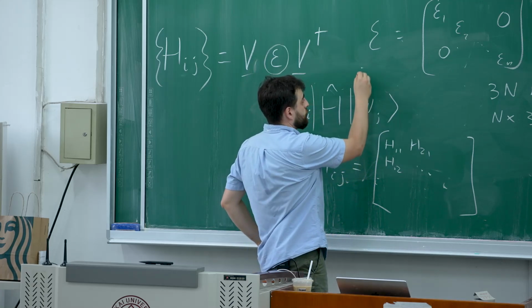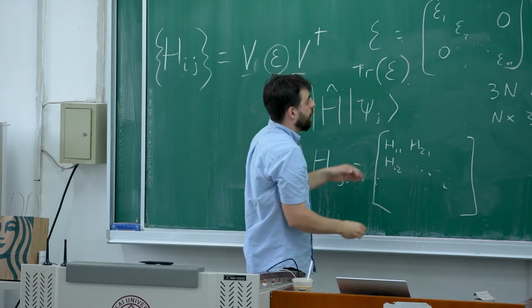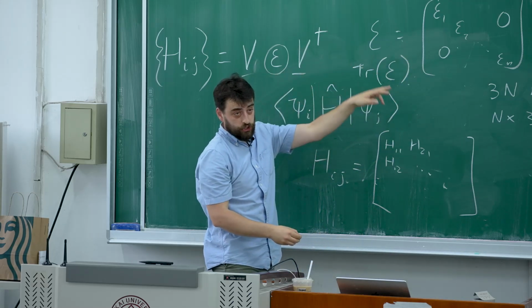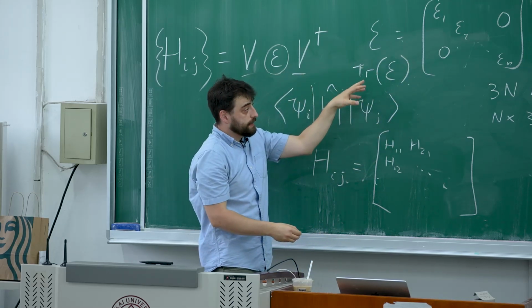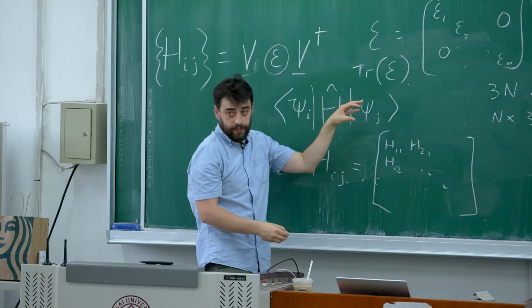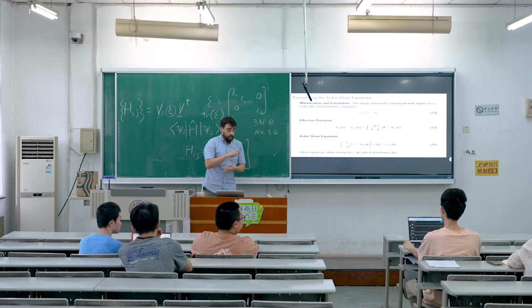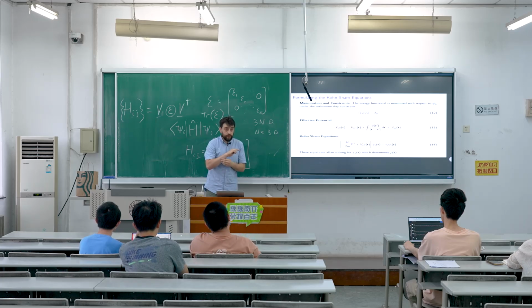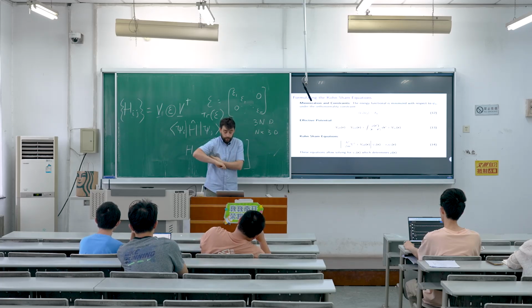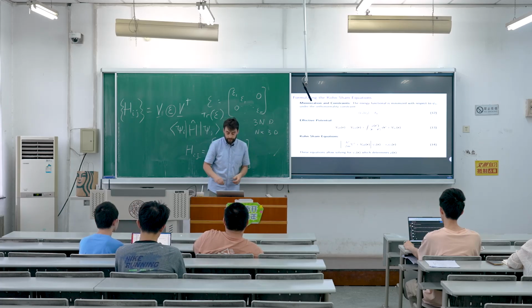So if we take the trace of the eigenvalue matrix, which is just the sum of the eigenvalues, this is the total energy of our system, at least the band structure energy of our system. So effectively, it's quite easy to calculate the energy with a set of coupled non-interacting particles. It's much easier than having to do many-body work.